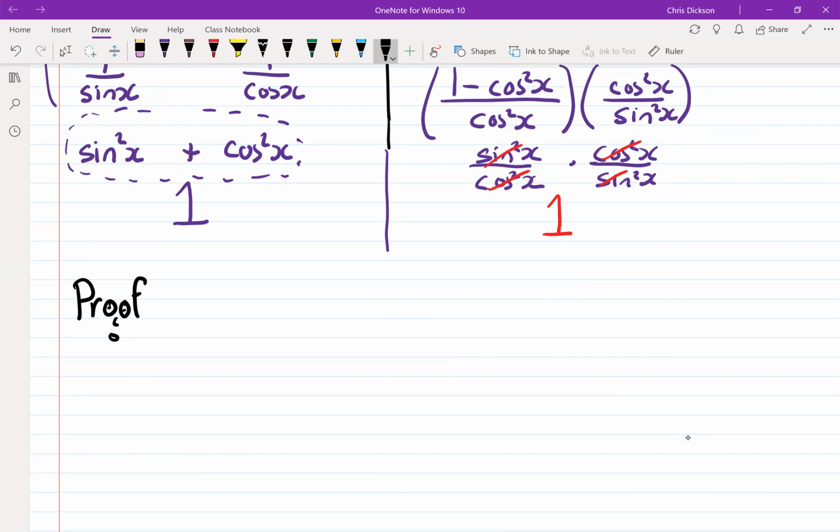So let's take a look at an example here. Let's say you had cosecant squared theta minus 1 over top of cosecant squared x, and we say that that equals cos squared x.